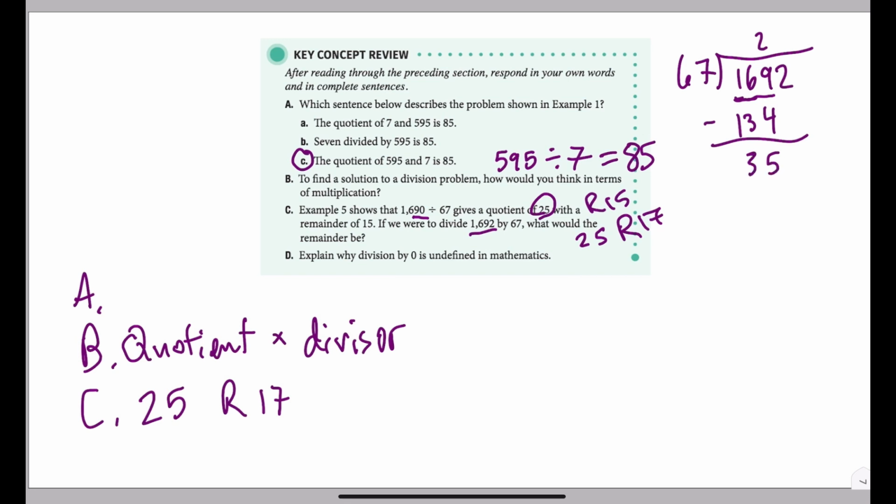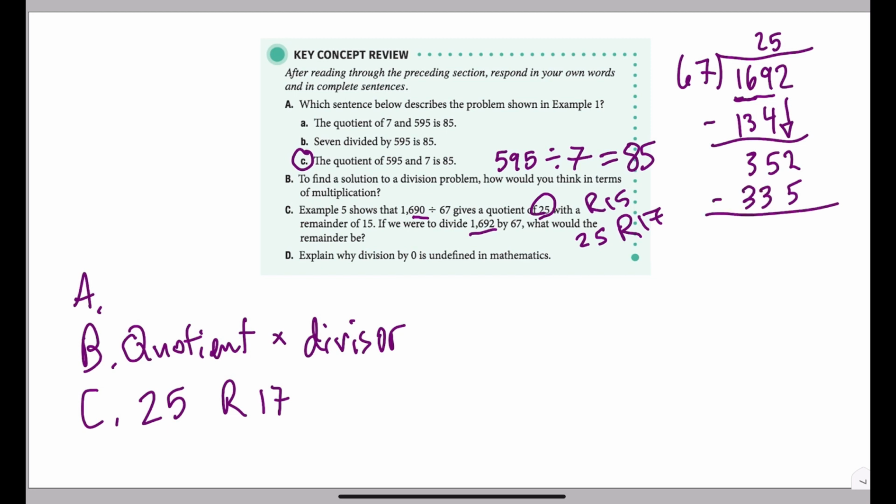I'm left with 35. Bring down my 2. 67 into 352. Let's see, 60 would go into 300 5 times. So it'll definitely go in 5 times. Let's see, 5 7s is 35. Carry the 3. 5 6s is 30 with 3 is 33.